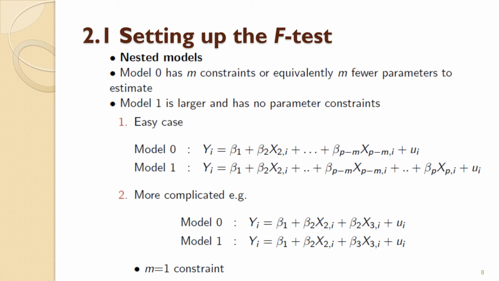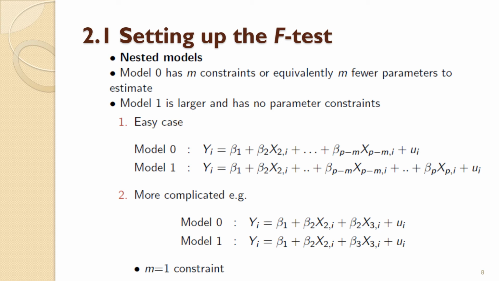You've got this sort of structure like Russian nesting dolls, so that if these constraints are satisfied, the two models are the same, and model 0 sits inside model 1. So the easy case is that the additional m parameters are all 0, which you've got there in case 1.